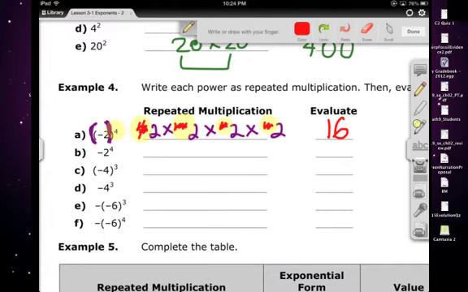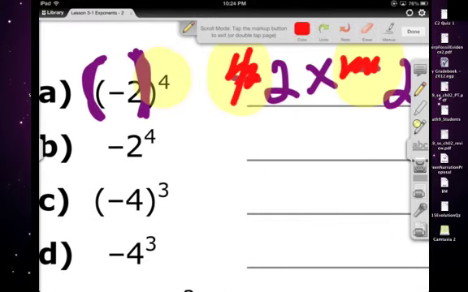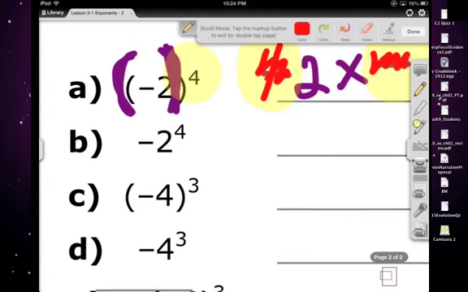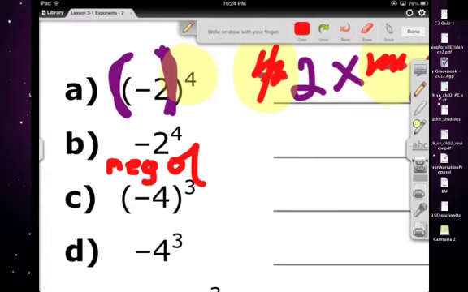When we look at some of these examples below, first thing you might notice here is there's no parentheses on example B. So I have to show this very clearly. This minus sign means the negative of 2 to the 4th power.